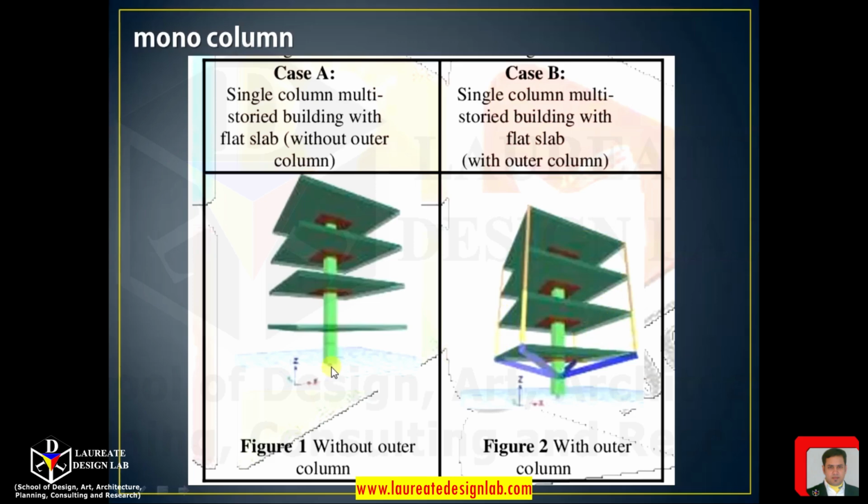There's another big change: in the center you have a column, along with sloping beams which take loads from these slabs and the columns and transfer them to the central column, which is bigger and massive. So these are the two typical monocolumn configurations you can see in buildings.